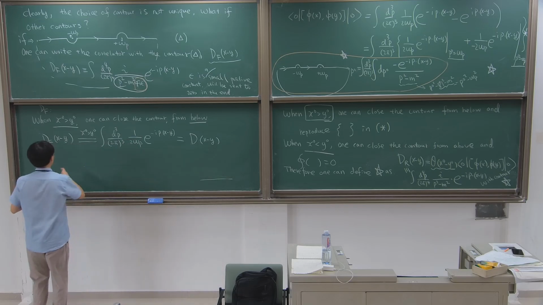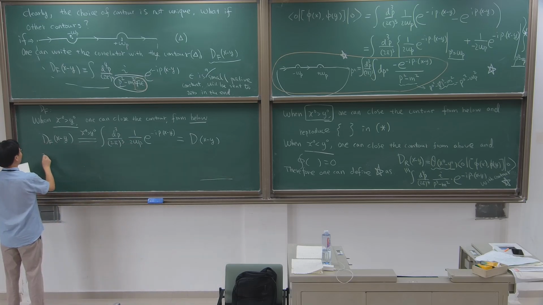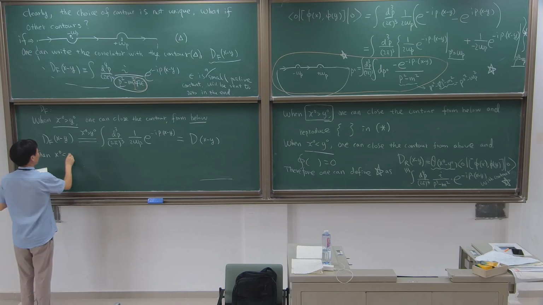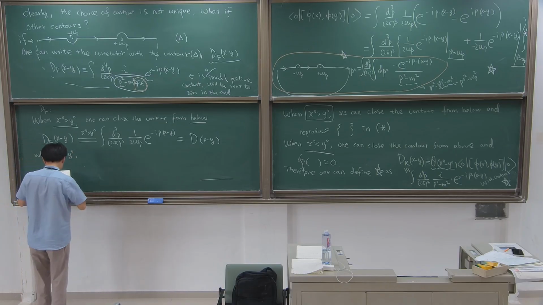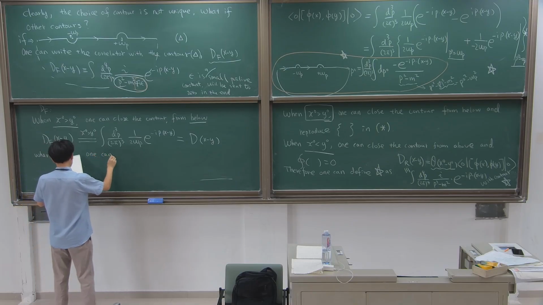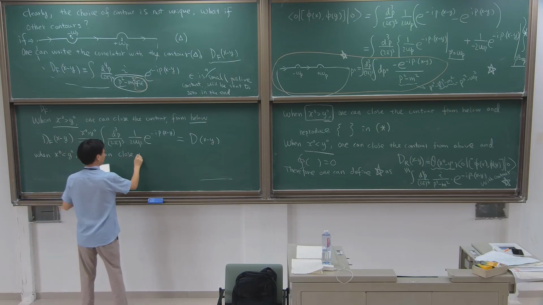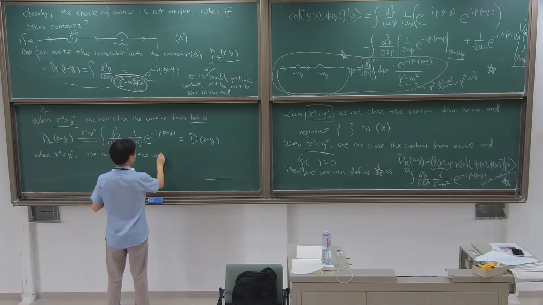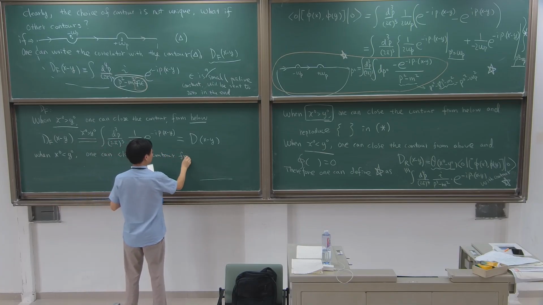Okay? Now, of course, you can imagine when x0 is less than y0, you can only close the contour from above.